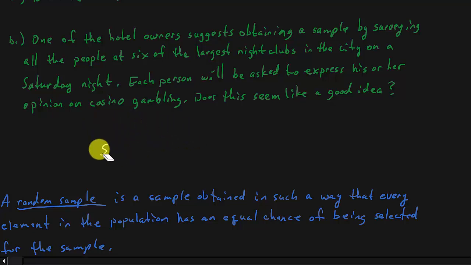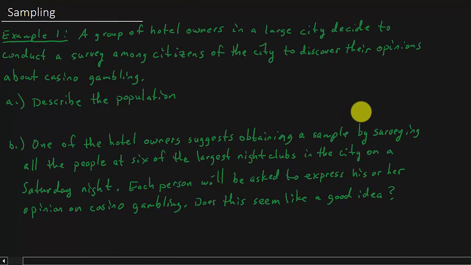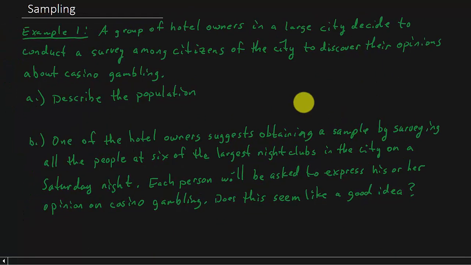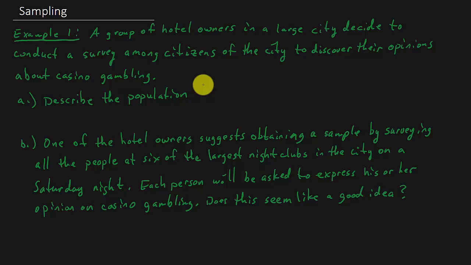All right, so now let's get into this and look at a couple of examples. It says a group of hotel owners in a large city decide to conduct a survey among citizens of the city to discover their opinions about casino gambling. The first thing they want us to do is describe the population.